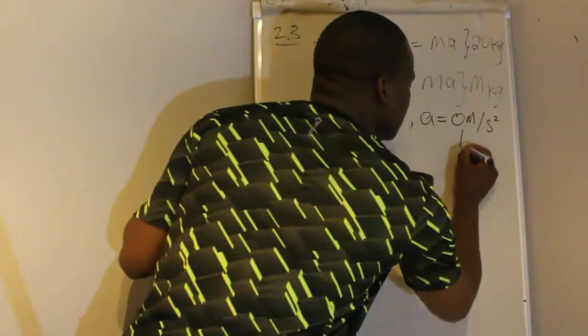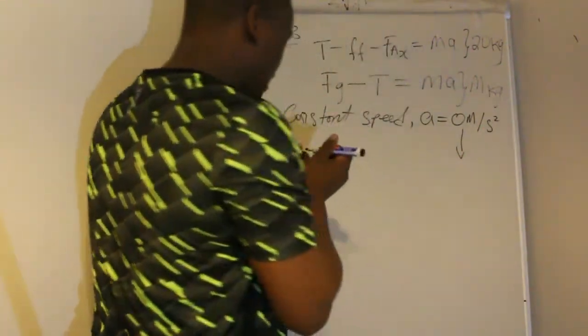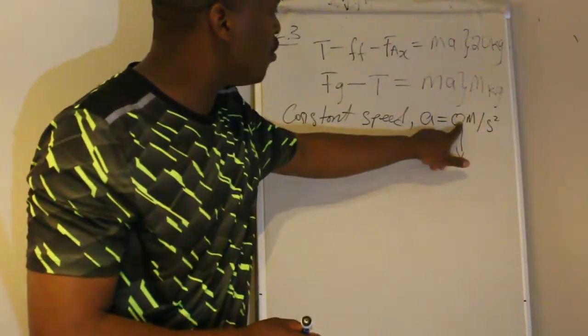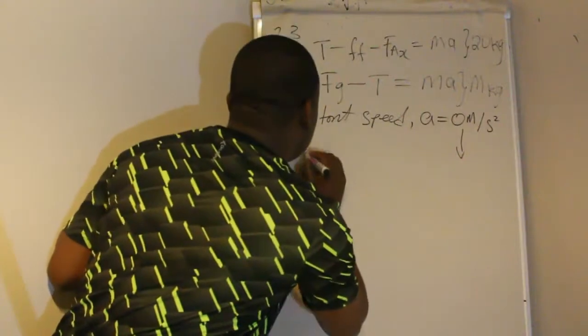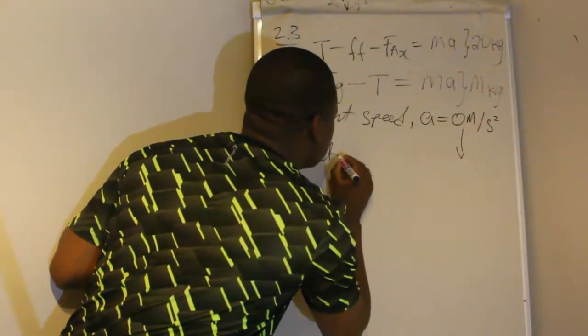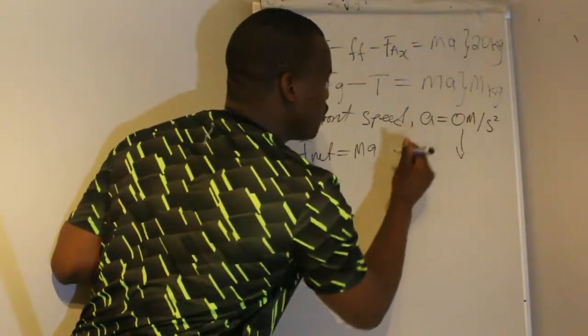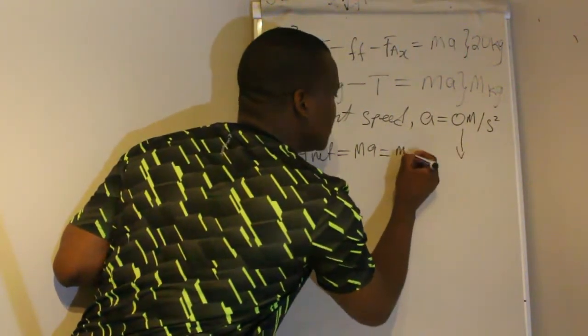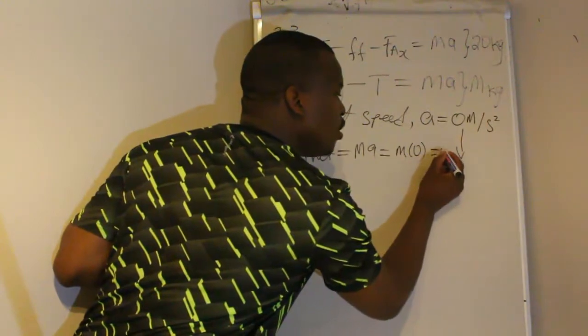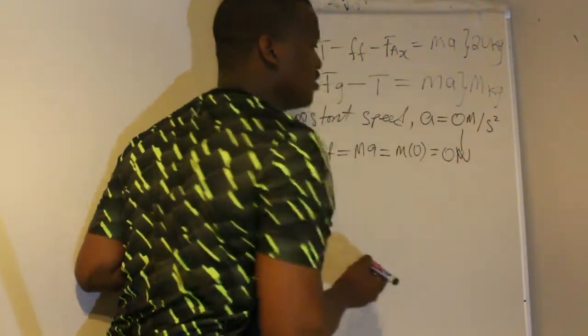And if the acceleration is 0, you know that F net is equal to MA, but your A is 0, which means your F net is equal to M times 0, which is 0 newtons.